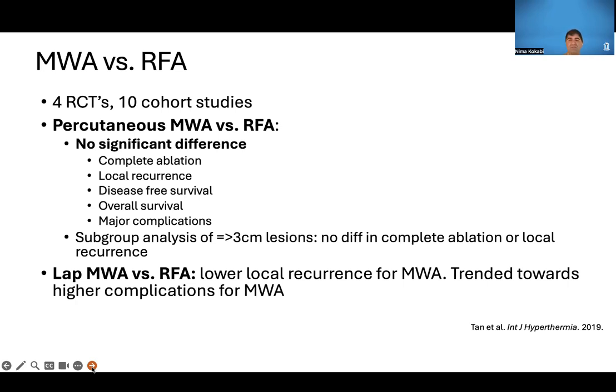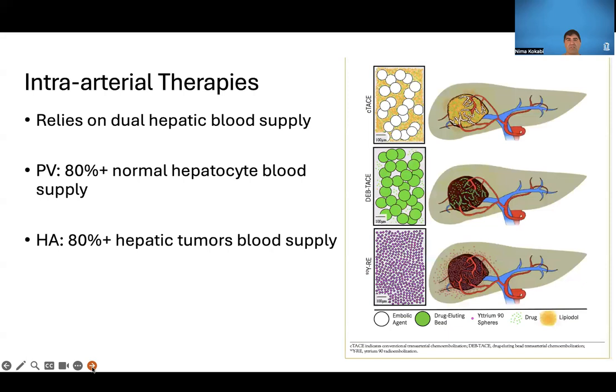The only difference they found was that in the laparoscopic microwave ablation versus RFA, the tumor recurrence rate was lower in the microwave ablation, and the toxicity and the complications trended towards significance in the microwave ablation arm.